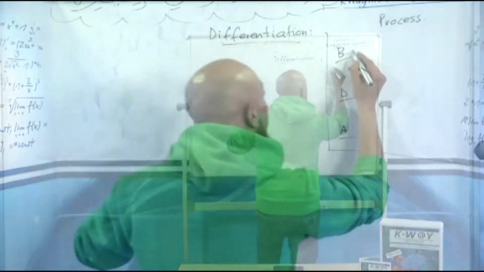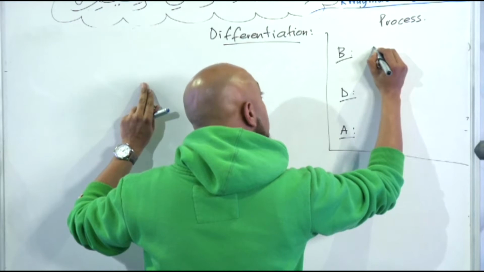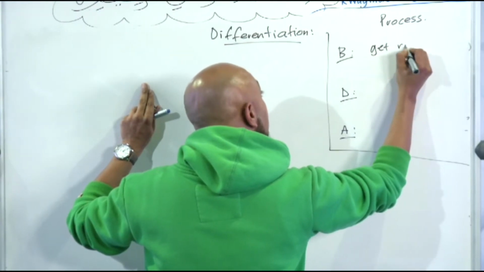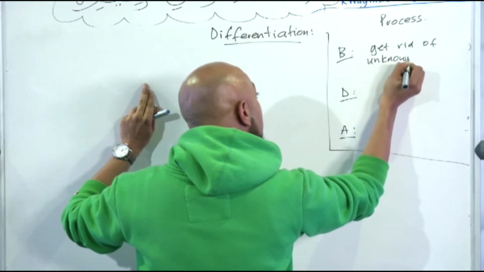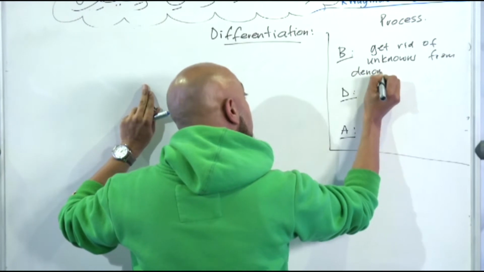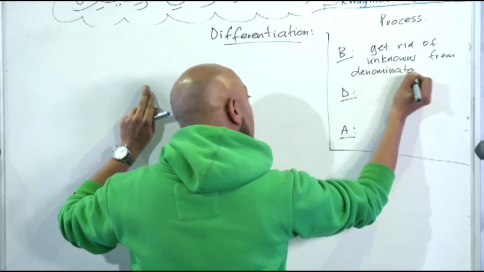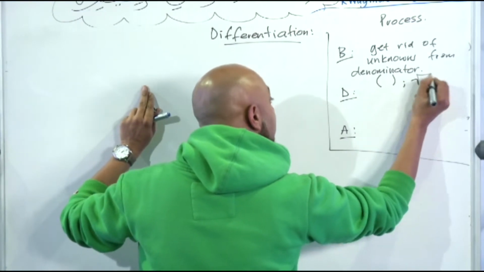So before differentiation, what do we need to do? We need to get rid of unknowns from the denominator. We need to get rid of brackets. We need to get rid of surd signs.